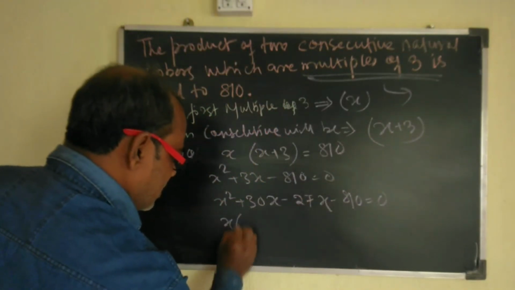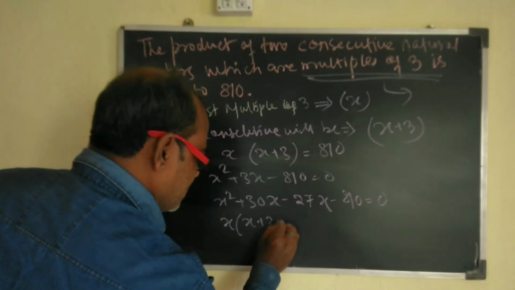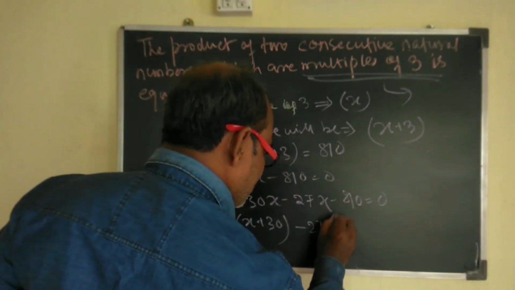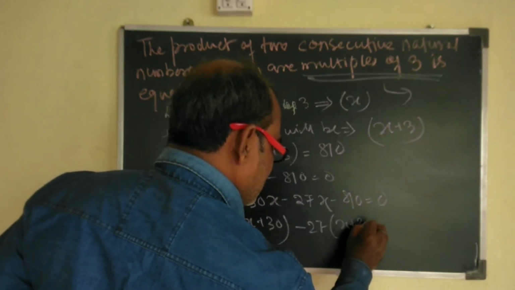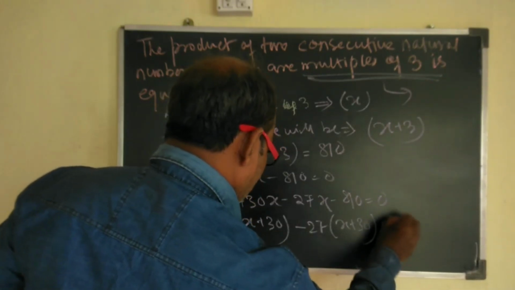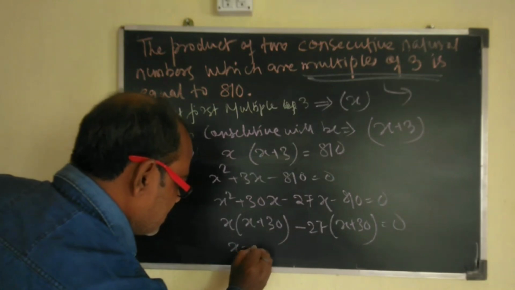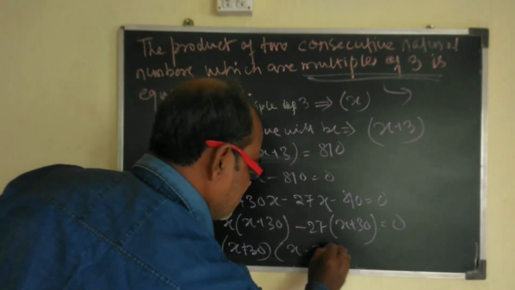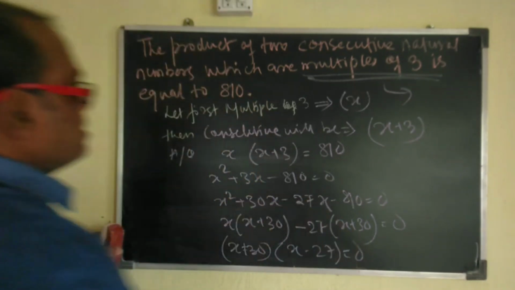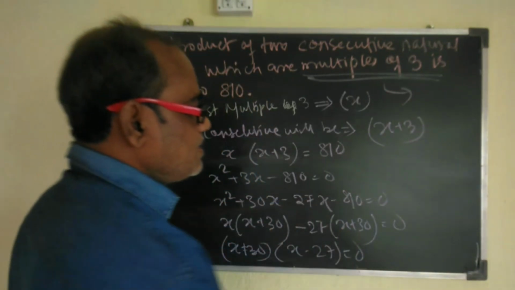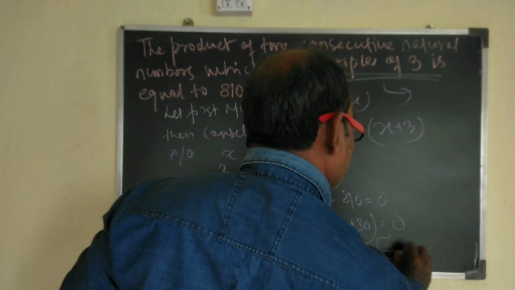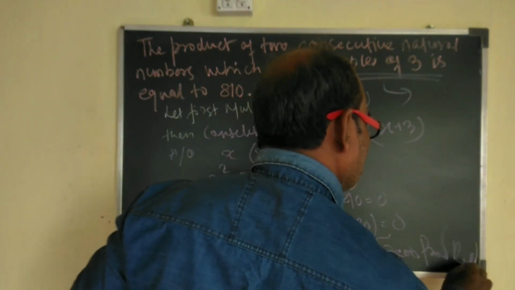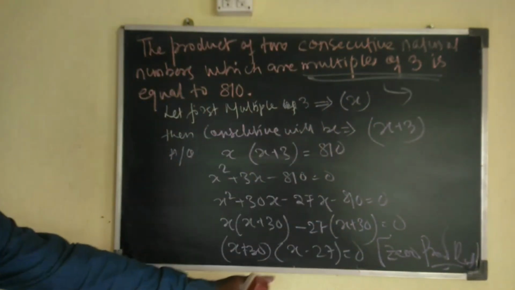Taking here x common, x plus 30, taking from here 27 common, x plus 30 equals to 0. From here we get x plus 30, x minus 27 equals to 0. Now from here, using zero product rule, we get x plus 30 is equals to 0.